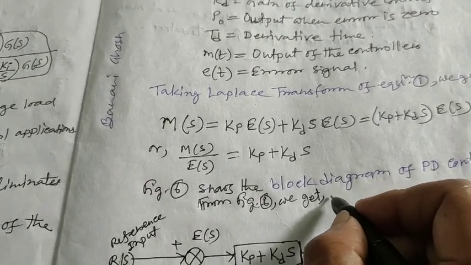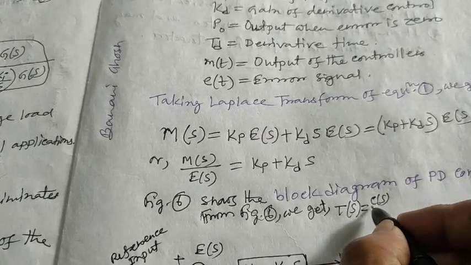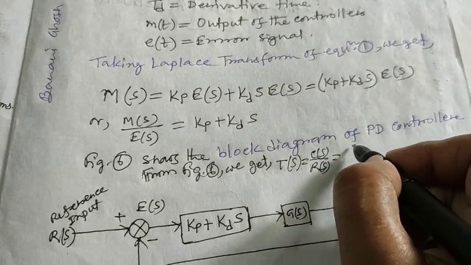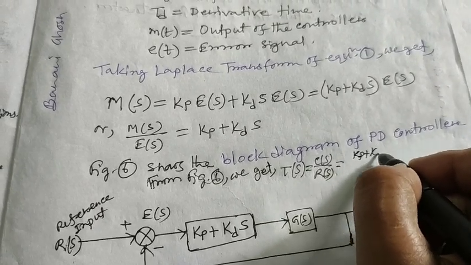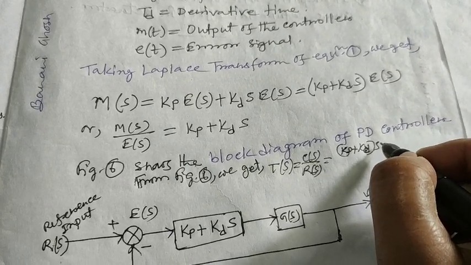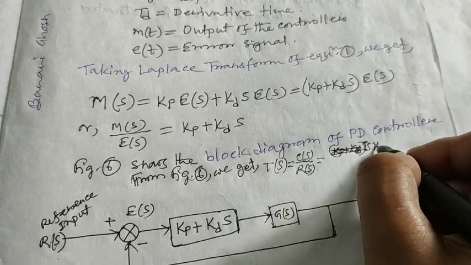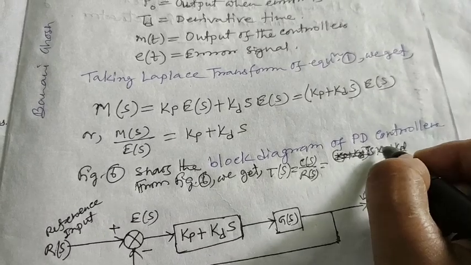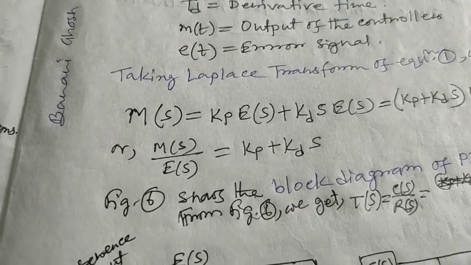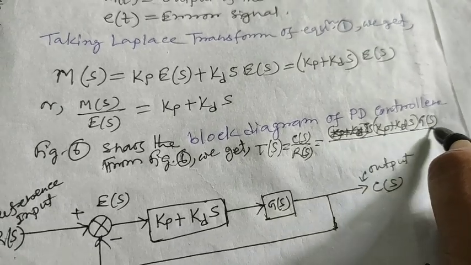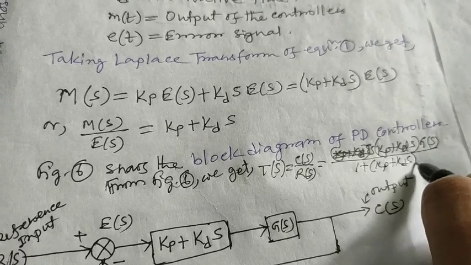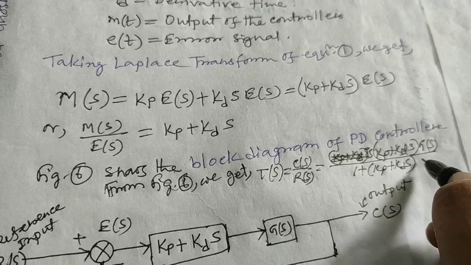We get T(s) equal to C(s) by R(s) equal to (Kp plus Kd s) whole into G(s) whole divided by 1 plus (Kp plus Kd s), the proportional and derivative control action, okay, into G(s).